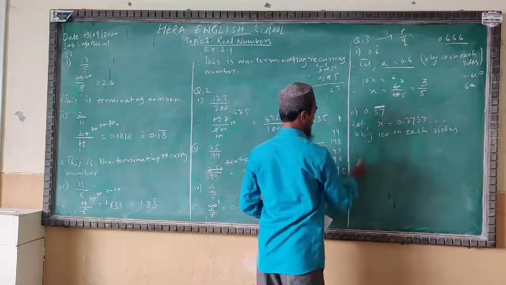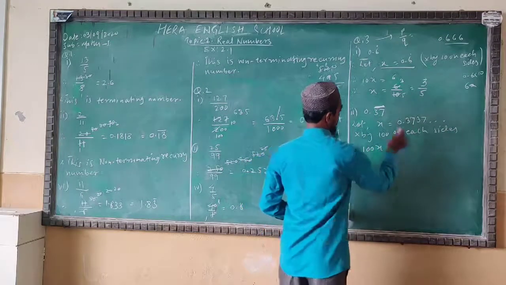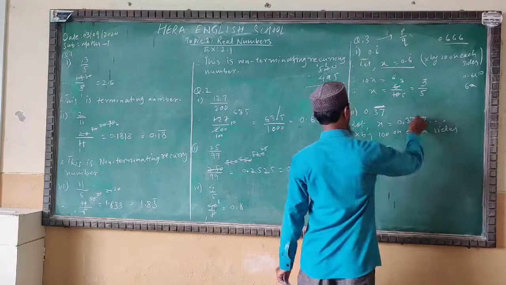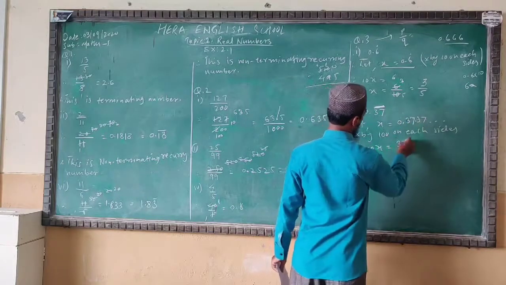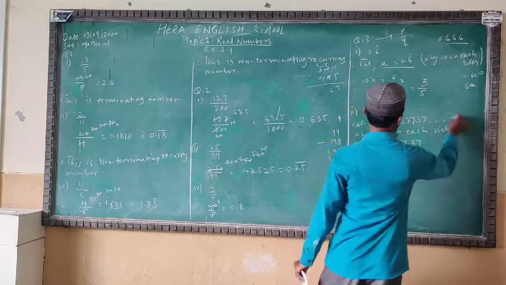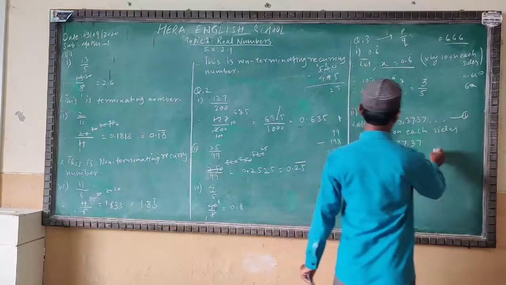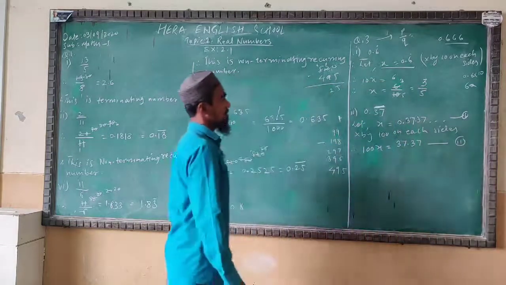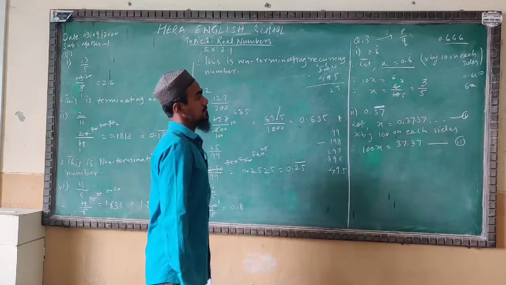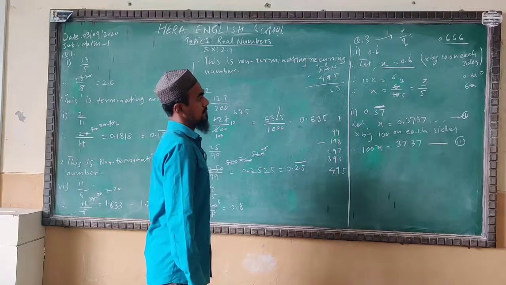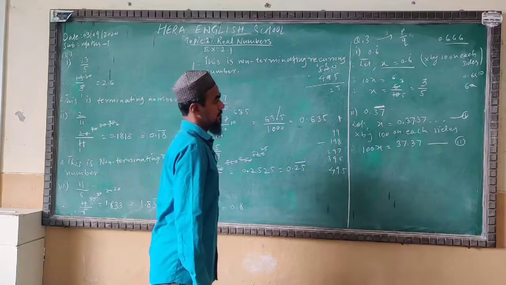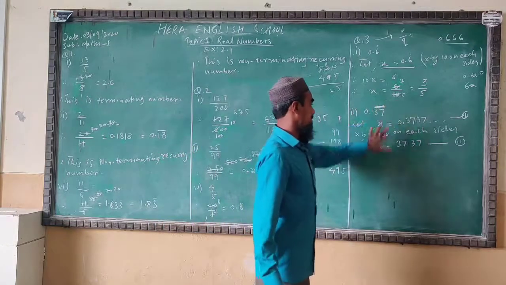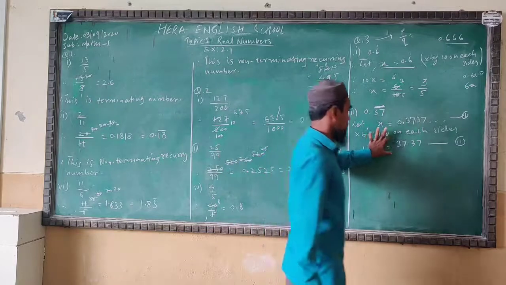On the left side you get 100x. On the right side, multiplying by 100, the point moves and you get 37.37 bar, which is the second equation. Now the first is x equal to 0.37 bar, and the second is 100x equal to 37.37 bar.